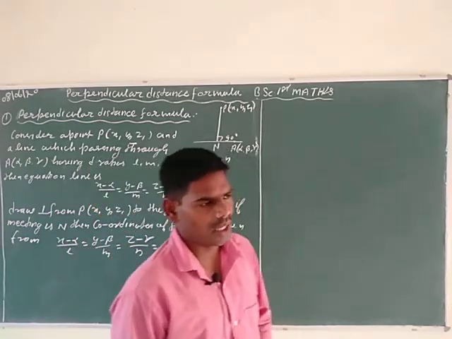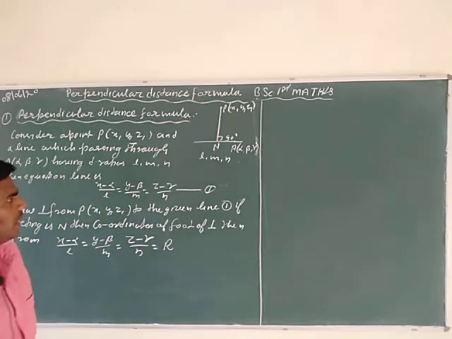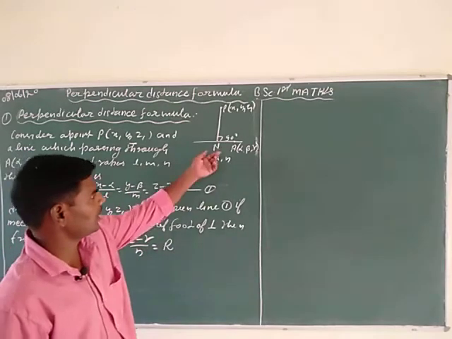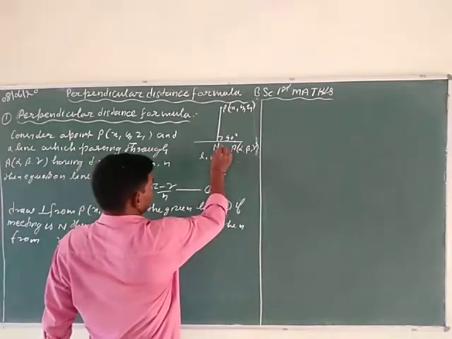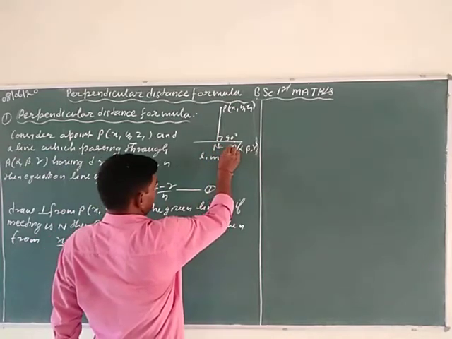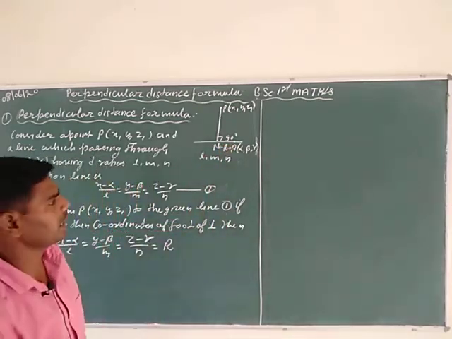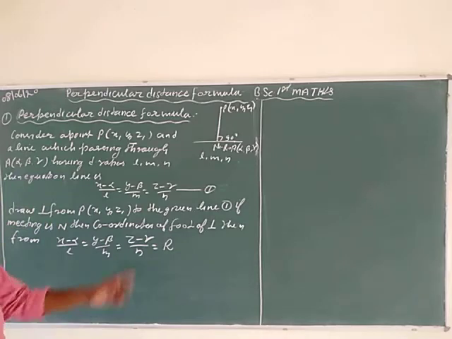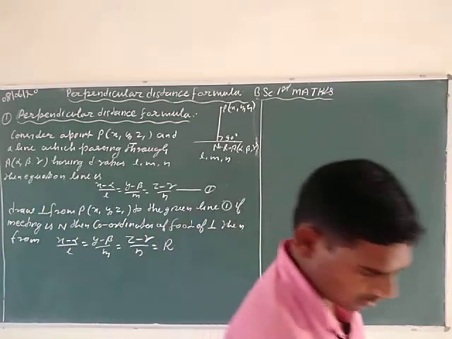Capital R is the distance between point capital N and point capital A. Both points lie on the given straight line. So NA, the distance between the foot of perpendicular N and the point A on the given line, is capital R.